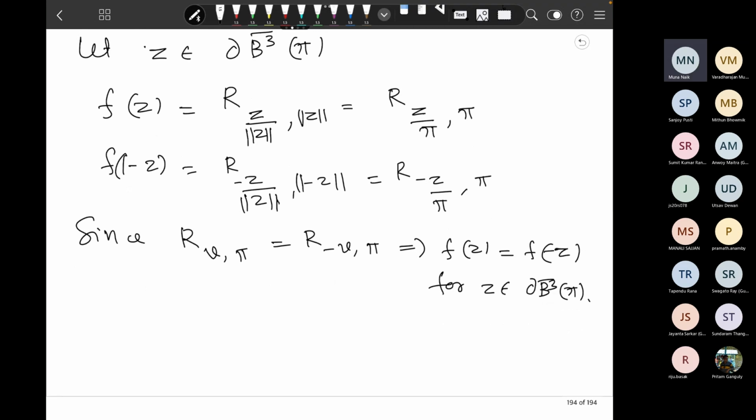So what is RP3? RP3 is really taking this ball of radius pi in R3 and identifying antipodal points of the boundary.